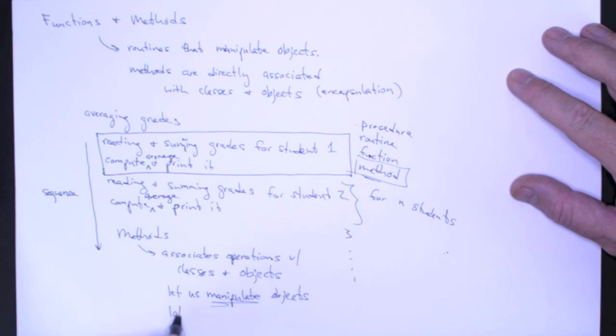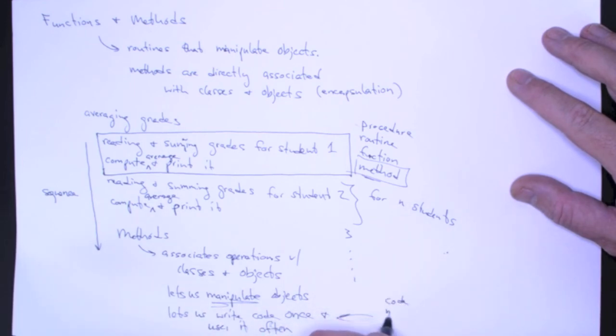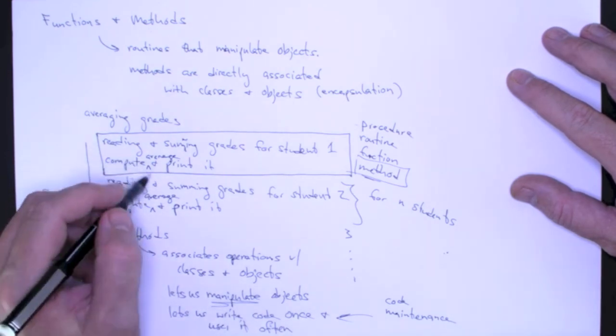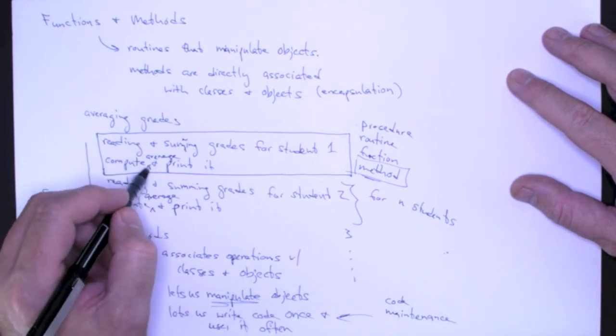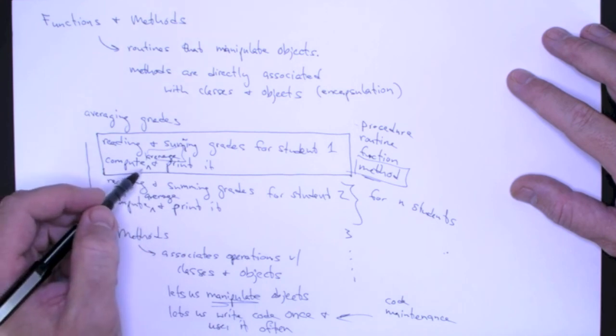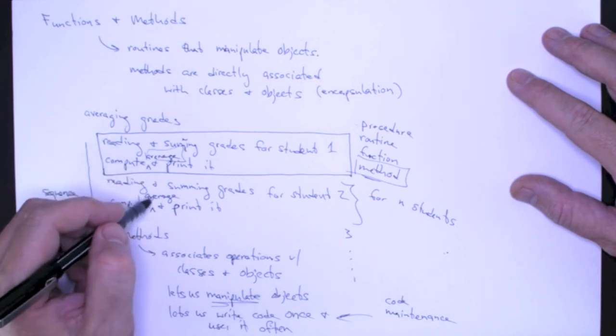And also it lets us write code once. So I'm going to be able to write code once, but I'll be able to use it often. And this gets into an issue of code maintenance. Just like I did here, I discovered that I forgot to write the word average, and I had to make 2 changes.